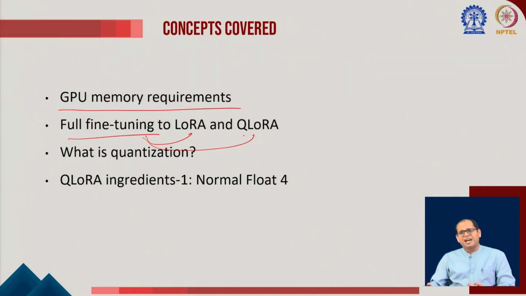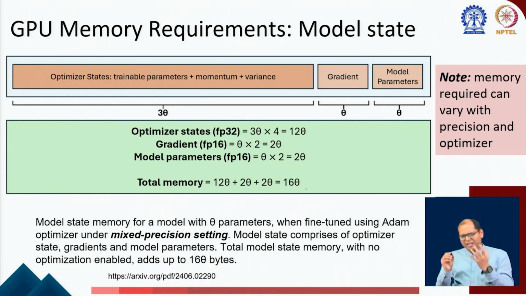So how do I ensure that large models can also be fine tuned with much smaller GPUs? Now for talking about QLoRA, we will discuss the concept of quantization, and the ingredients required for QLoRA. We will talk about one ingredient in this lecture, normal float 4, and the other few ingredients in the next lecture. So let's talk about the memory requirements for GPU.